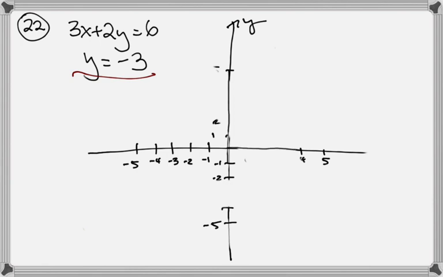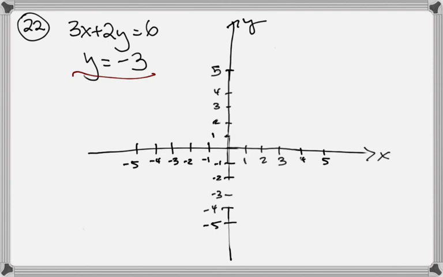22 in the book. Yeah, it's exactly this problem. There you go. 1, 2, 3, 4, 5, -3, -4. 1, 2, 3. Here you go. X. Okay. Let's do the second graph first because we know what kind of graph that is.